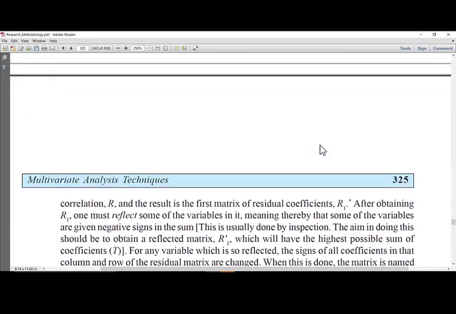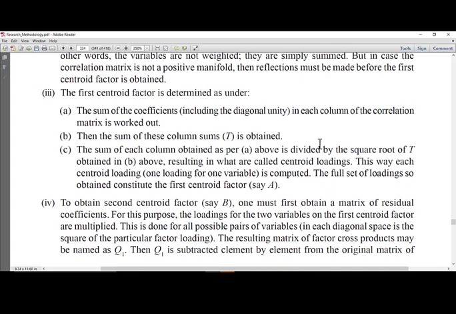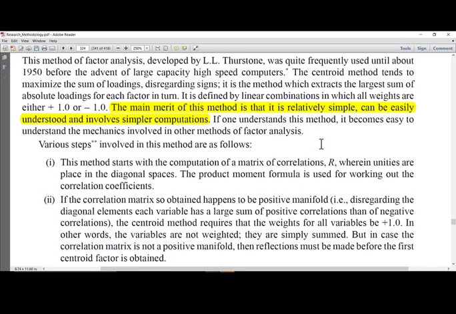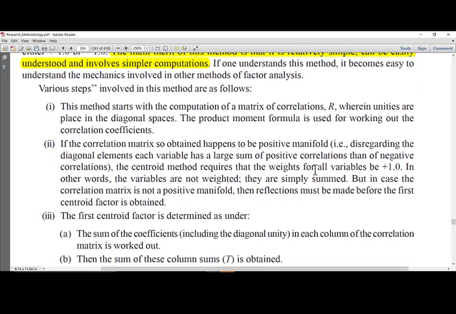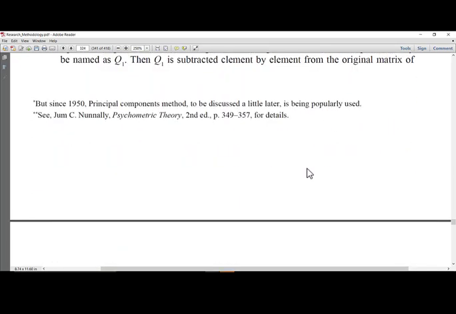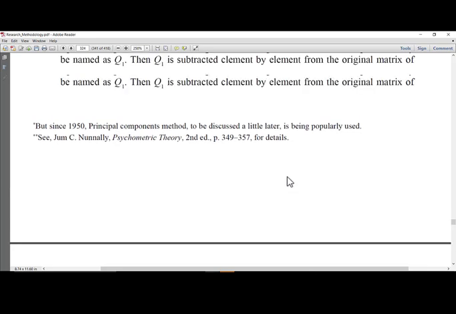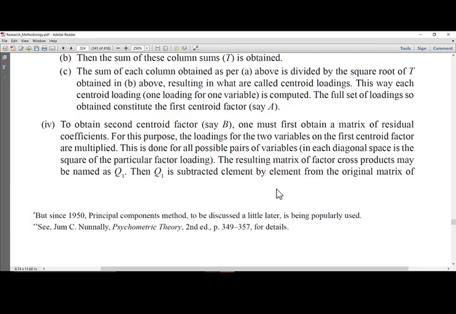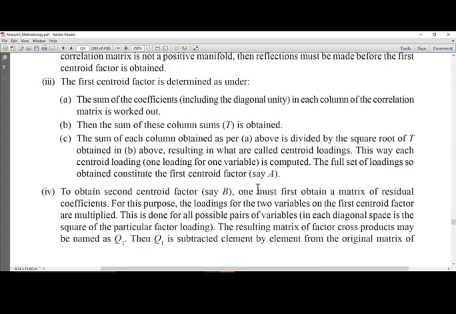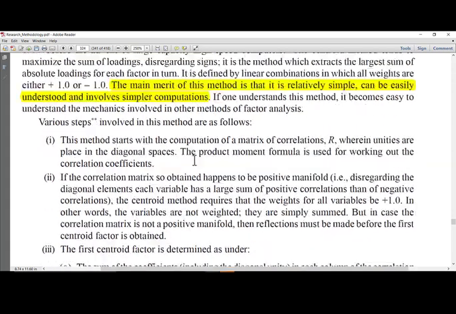Because in fact you are supposed to read the steps first and then try to understand the illustration. But what I have done is I have explained the illustration first, and now just to tally whatever we have discussed with the steps given, I am now going to show you those.